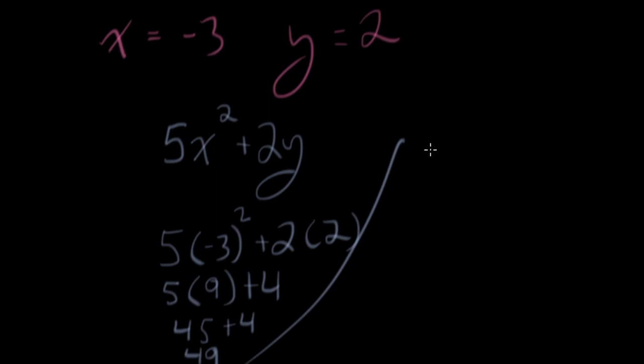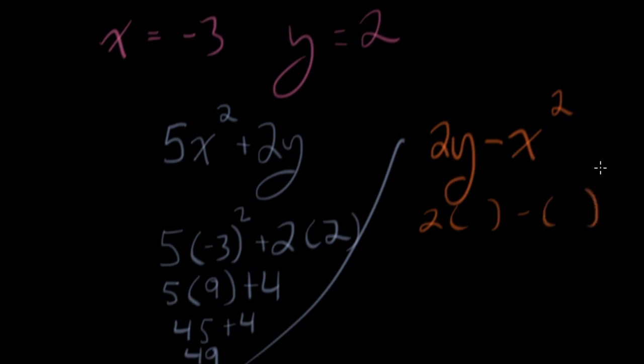Let's just reverse things around a little bit. Say it was 2y, and say I said it was minus x squared. This is always a good one. So again, I'm going to use brackets. And notice how that minus sign is right here, and the x is right in there. I'm going to go and replace some things.